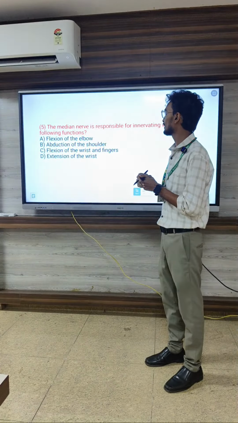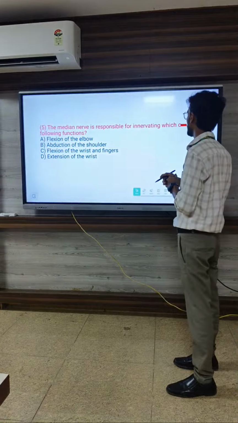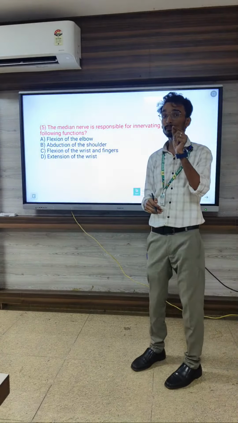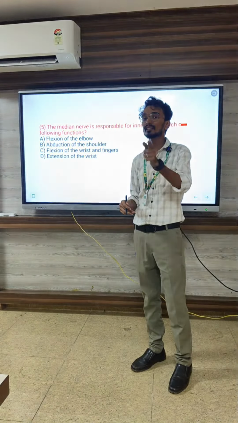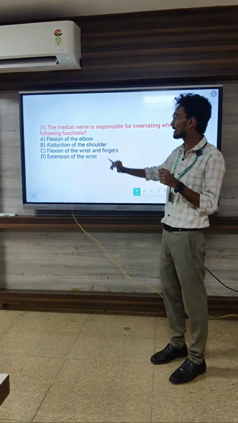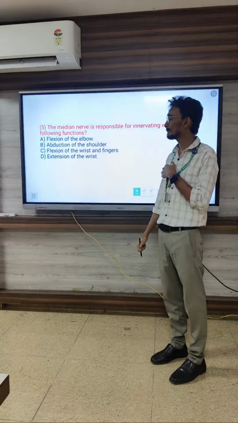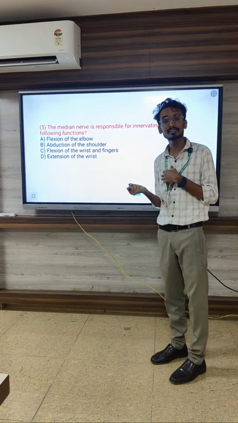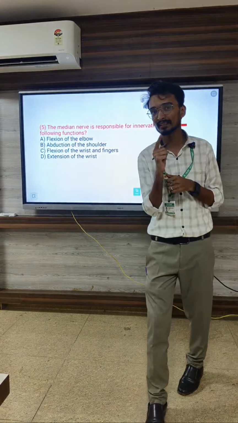The median nerve is responsible for innervating which of the following functions? Option A, flexion of elbow, abduction of shoulder, flexion of wrist and fingers, then extension of the wrist. Have a glance. Please comment your answers.